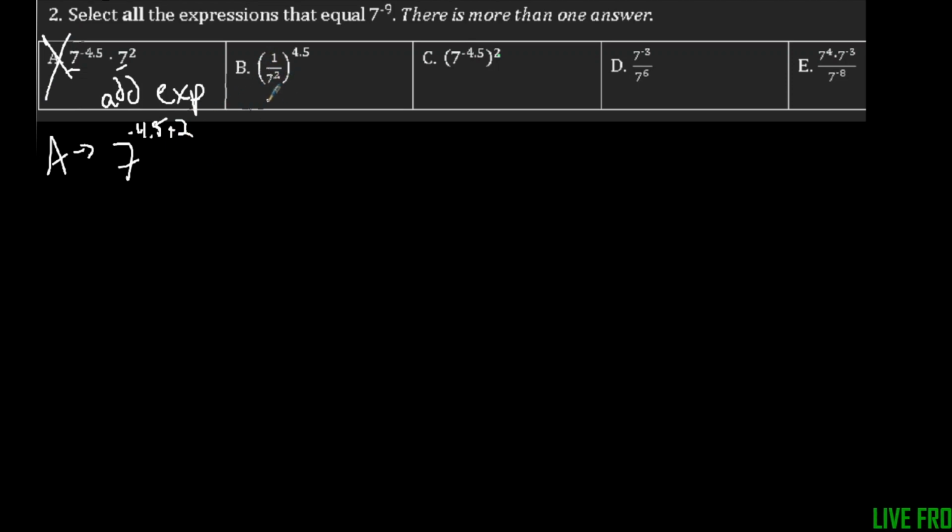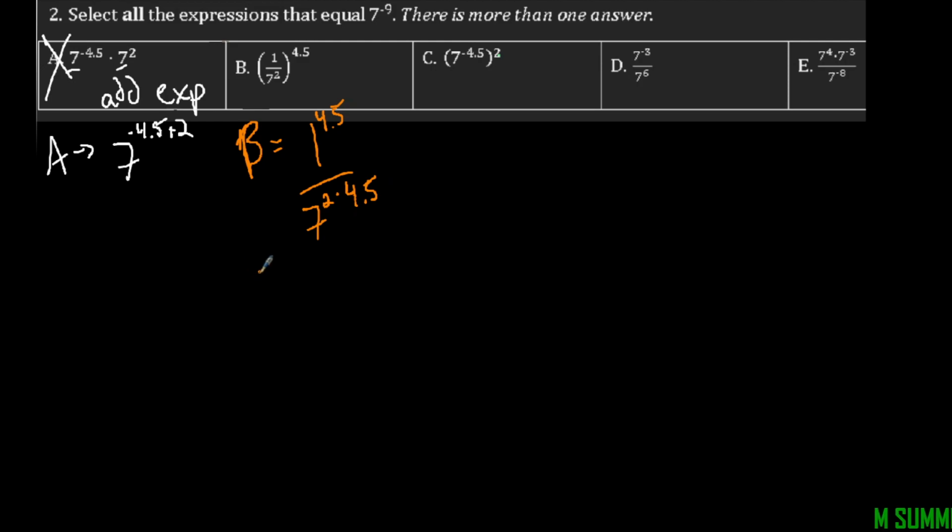Then for the second one, for B, however, we can say B is going to be equal to, that's almost like it's 1 to the power 4.5 divided by 7, and then 2 times 4.5. So it's almost like we are raising that exponent each time.